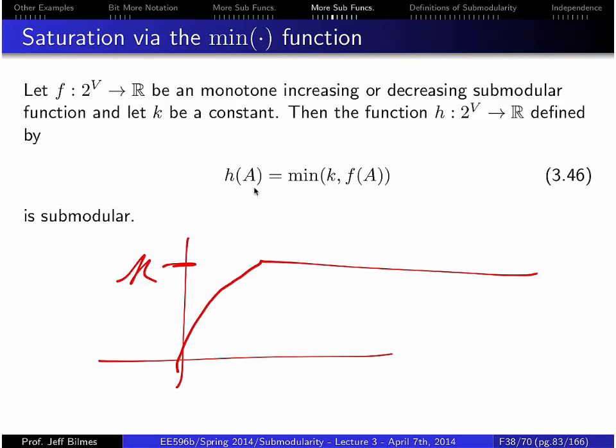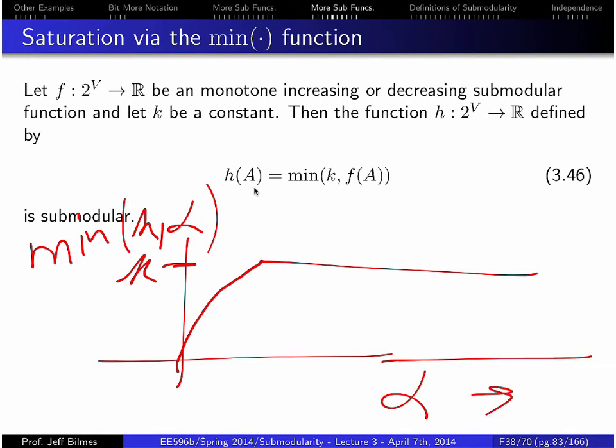So if you were to write min of k and alpha, then this would be alpha. So alpha keeps increasing. In that case it would be linear, but let's say it's some concave function of alpha, like the square root of alpha. So it goes up as a square root, and then it saturates, truncates.